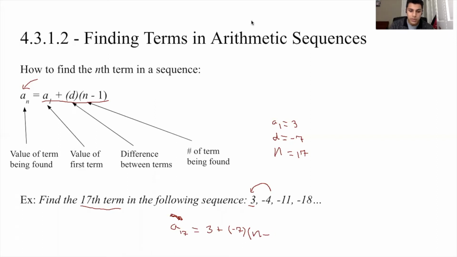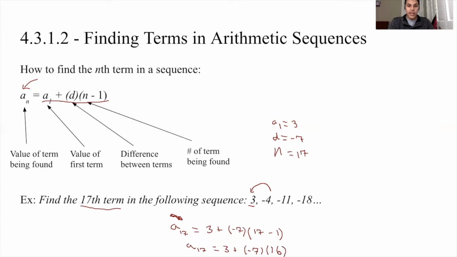And oops, I made a mistake because we know what n is. N is 17. So times 17 minus 1. All right, so now if we calculate this out, a17 equals 3, and then plus -7 times 16, because 17 minus 1 is 16.